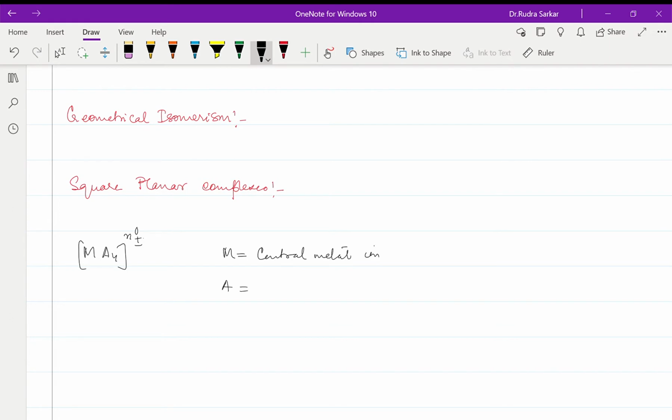A is a monodentate ligand, and the ligand can be neutral or it can also be negative. Okay.